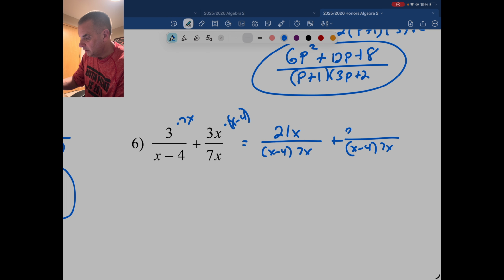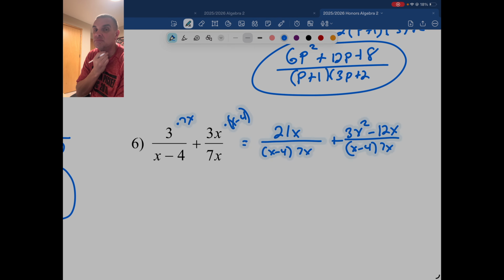So 3x squared minus 12x. Combine like terms. Oh, I messed this one up, didn't I? We'll finish it off and then we'll fix it.